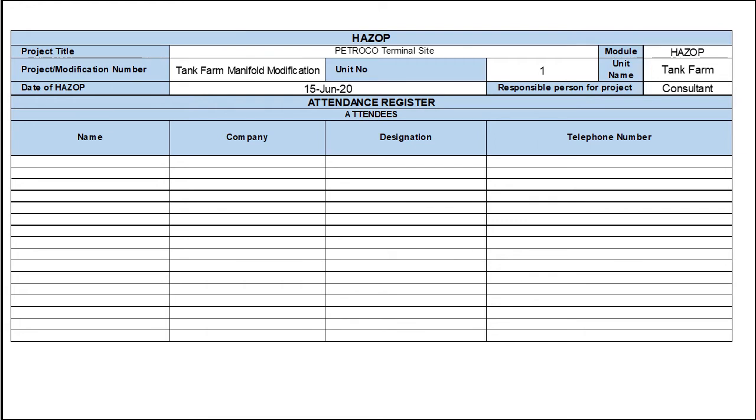This is a copy of the spreadsheet that is handed out at the beginning of the meeting and subsequent meetings, and as can be seen, it notifies the participants what the project name is and the date, and what they fill in is their name, their company, their designation or what they do at that company, their telephone number, and probably their email address.